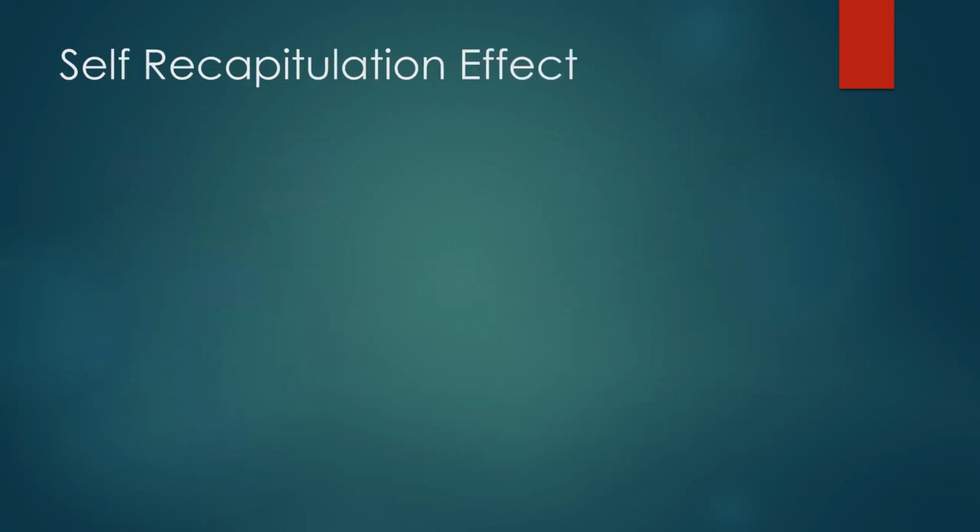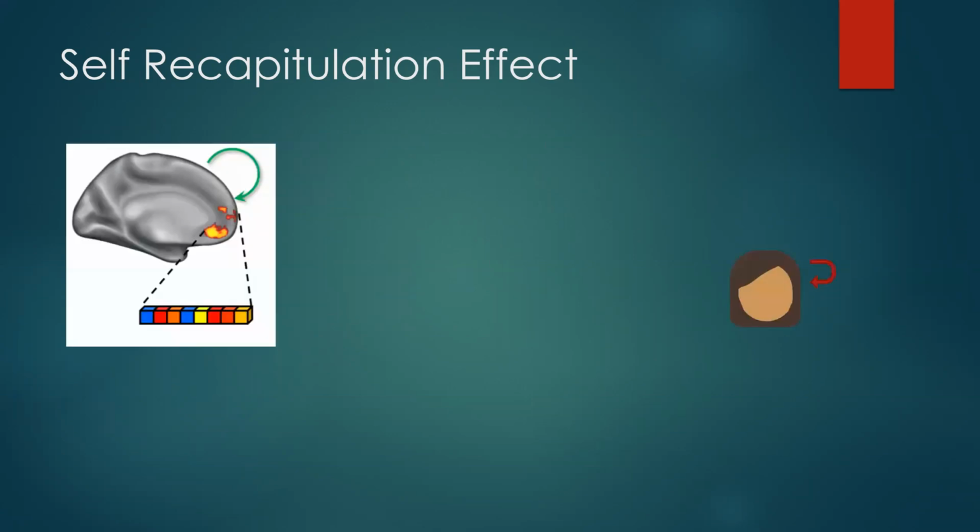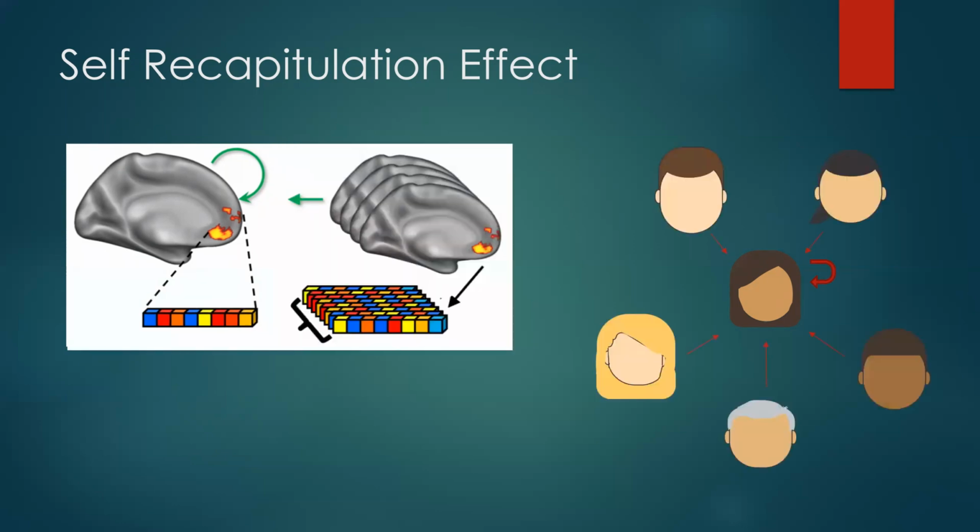Now, my advisor, Rob Chavez, did a version of the study, a round robin design, at Ohio State, where he found what he called the self-recapitulation effect. He had someone in the scanner thinking about themselves, and he pulled this distributed pattern of activity from the ventral medial prefrontal cortex, a region of the brain that we know to be involved in social cognitive processes and self-referential processing in particular. And then he looked at how this person's self-representation was similar to the representations that their group members had of them.